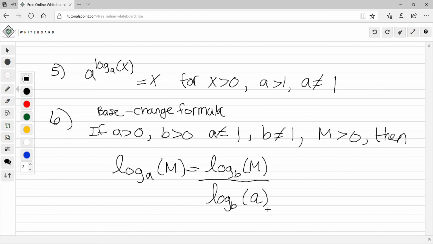And then these are your restrictions. So if a is greater than 0, b must be greater than 0, a cannot equal 1, and b cannot equal 1, and m must be greater than 0. So I would just memorize all these 6 rules for logarithms, because when you do log problems, this will make it so much easier.